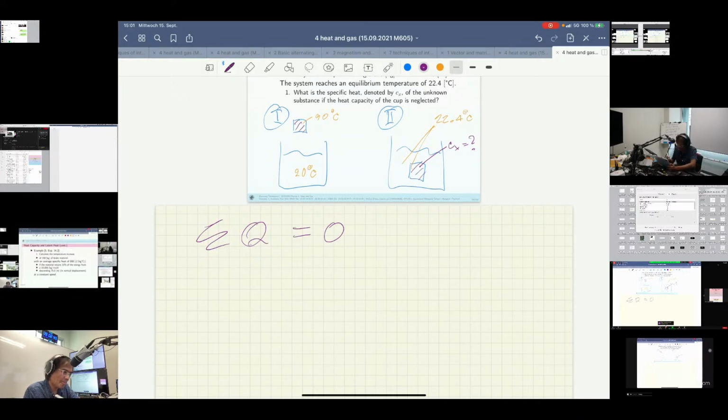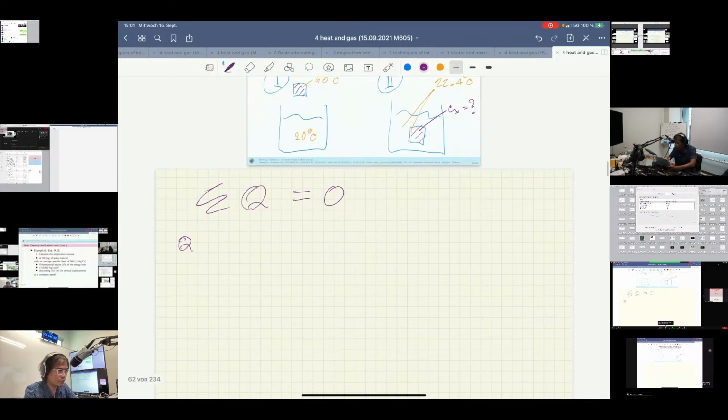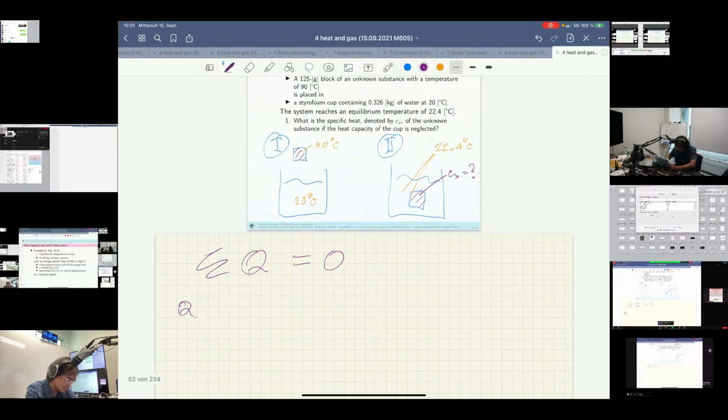So the first one is going to be the heat for the unknown substance, plus the heat of the water, and remaining 0. That's the whole thing.